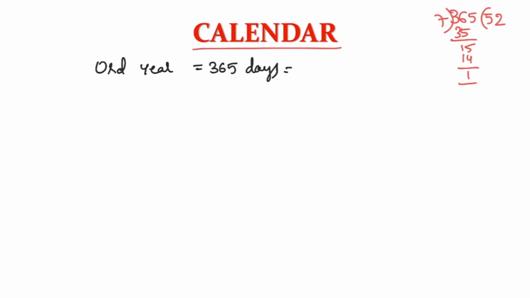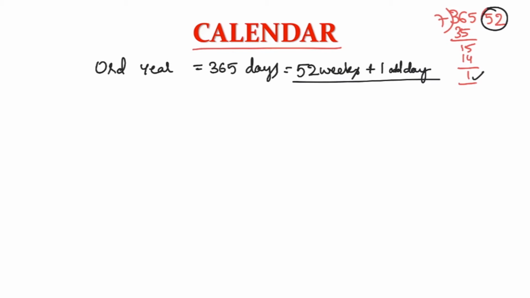So there are 52 complete weeks. Still, one day is left. That one day is also called an odd day. So an ordinary year contains 52 complete weeks plus one odd day.